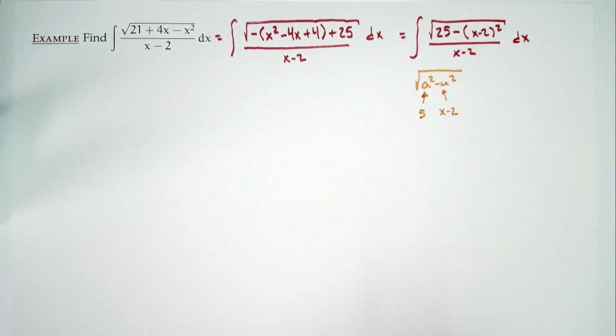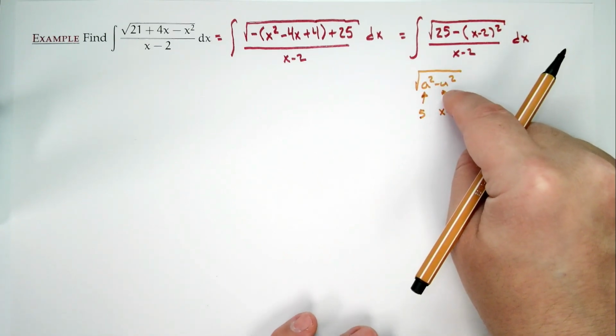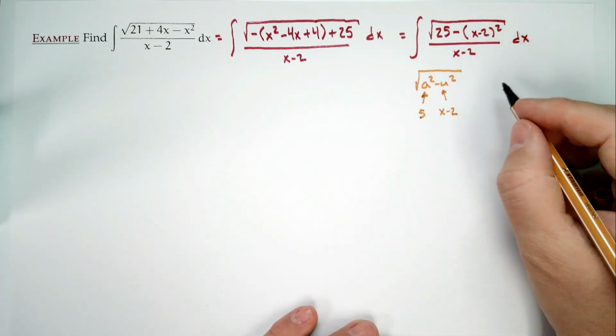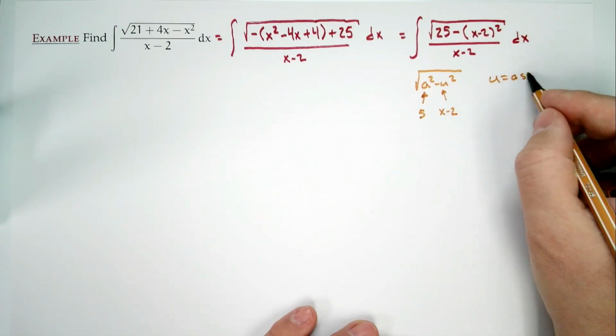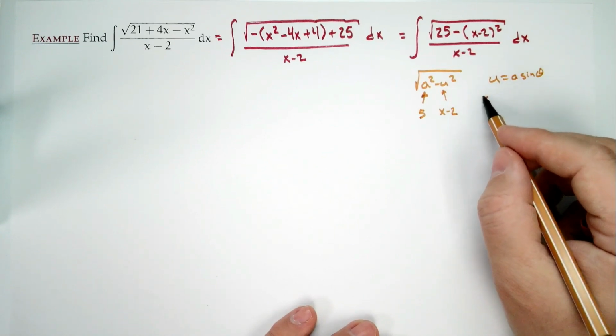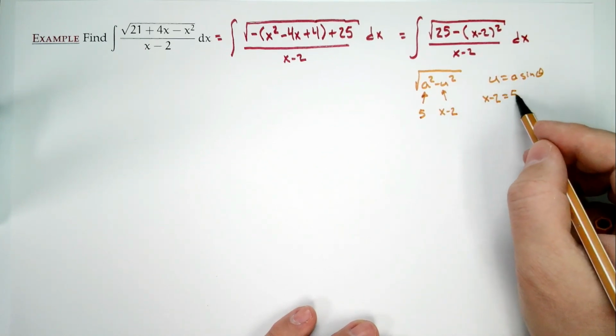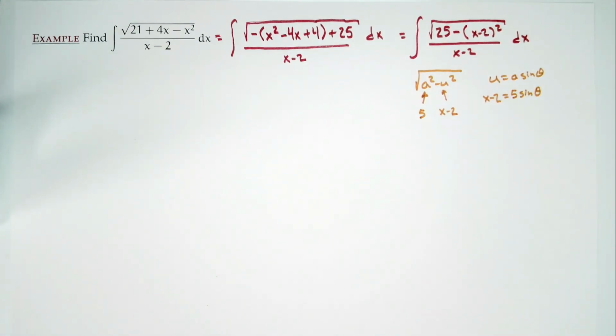What's the right kind of substitution to make? A squared minus u squared, that's sine. So our substitution would normally be u equals a sine theta. So if we do that, we get that x minus 2 is 5 sine theta. So there's our substitution that we want to carry out.